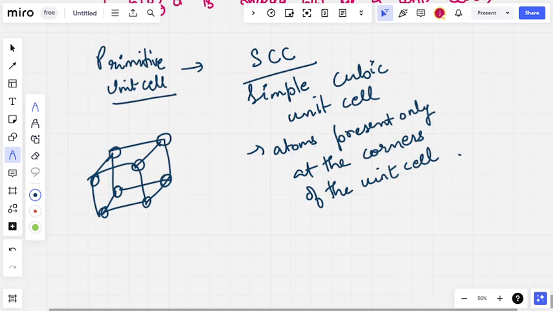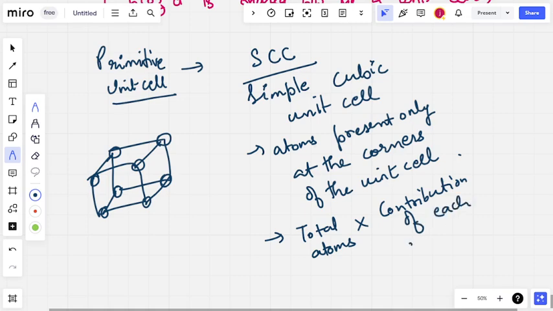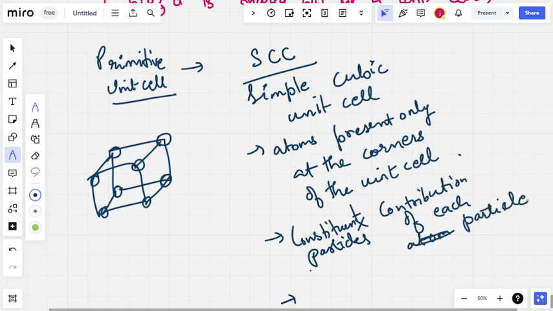If someone asks how many total atoms are inside it, how will we calculate that? We have 8 total atoms. Total atoms multiplied by the contribution of each atom. Rather than writing atoms, we can write constituent particles: constituent particles times the contribution of each particle.